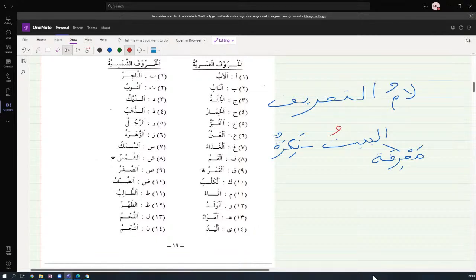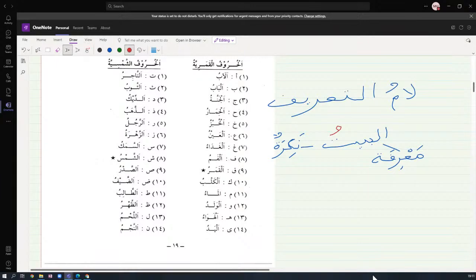So remember the Qamariya, that when we read them with alif and lam, we pronounce the alif and lam fully along with the letter. So we say abun al-abu, babun al-babu, jim al-jannatu.